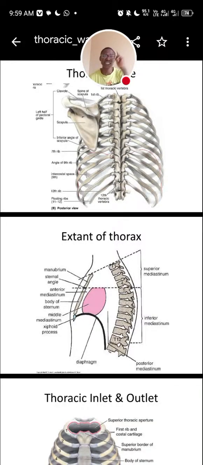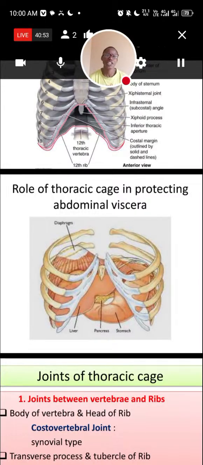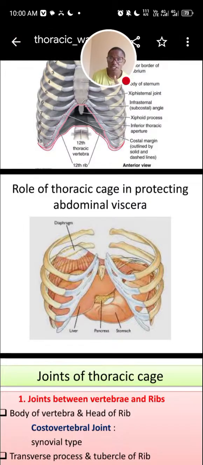And the last nerve, L, is the left recurrent laryngeal nerve.